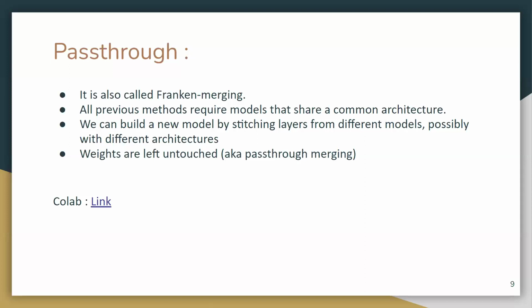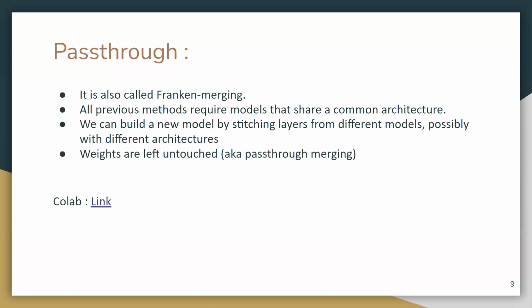So how can we take bits and pieces from different models, possibly with different architectures, and stitch them together? This time we are not averaging anything. We are leaving the weights untouched, and this is why it is called pass-through merging.